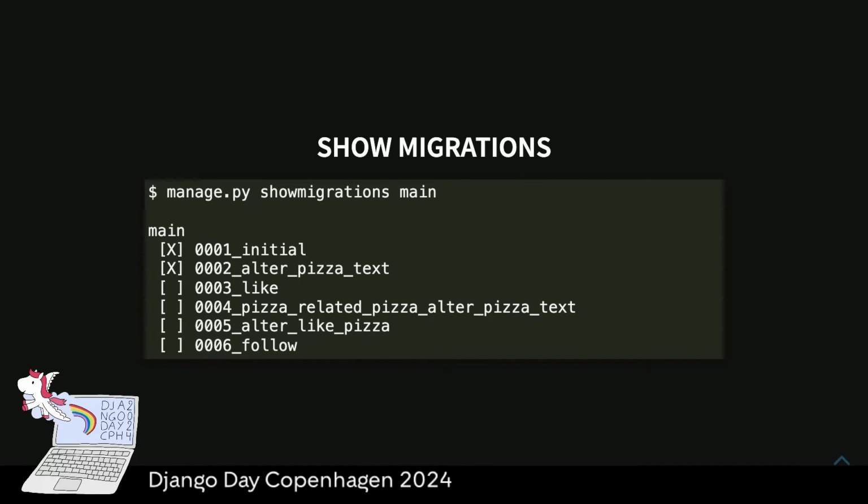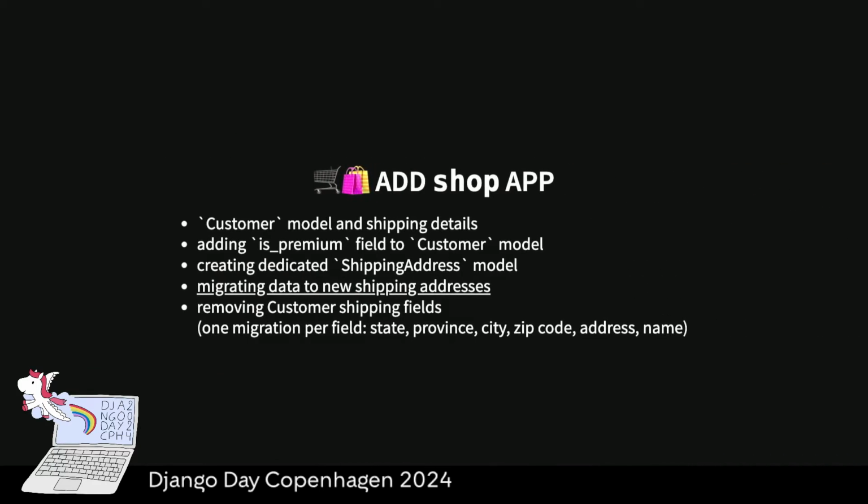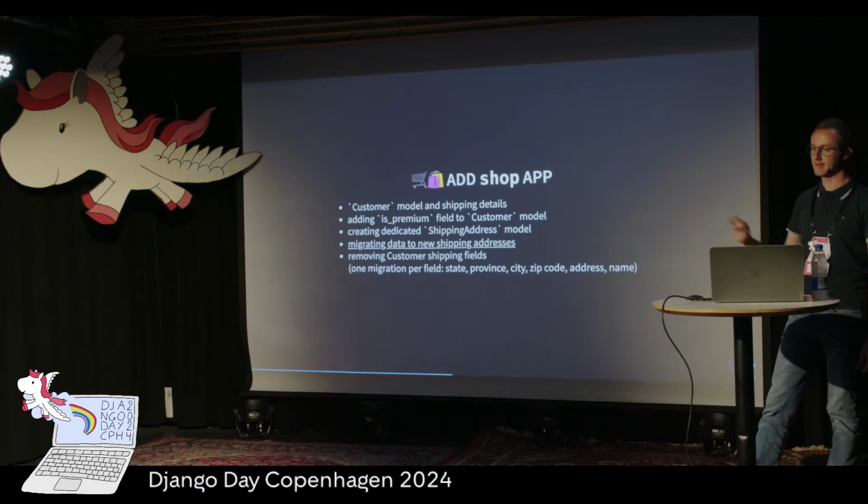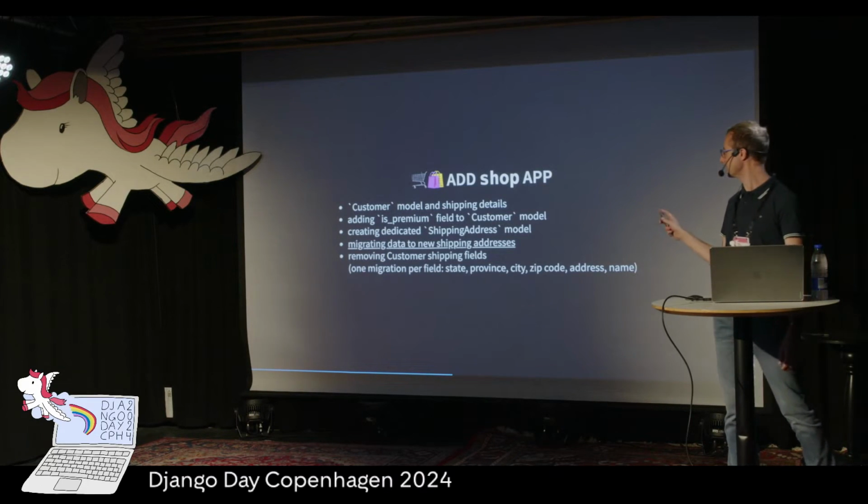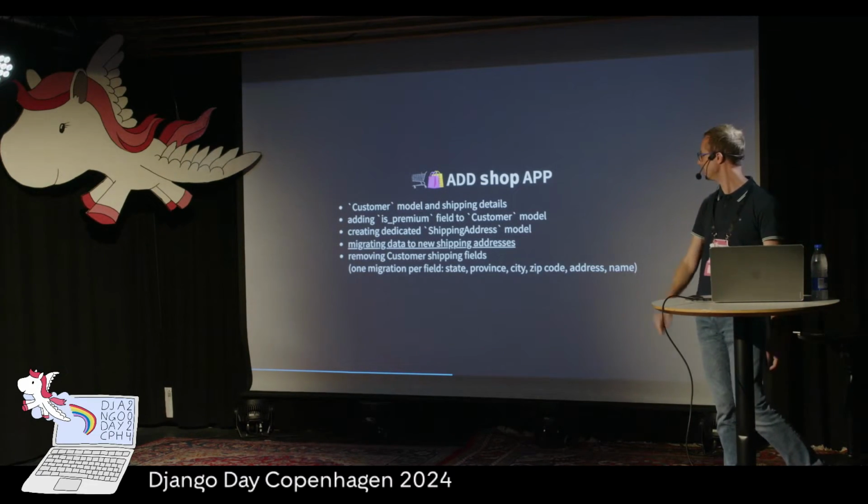But now, stop for real talking about food and talk about a more real application, for example, a shop application. What if your customers need a shop application handling customers? Then it asks you to add an isPremium field to customer, just a Boolean field.